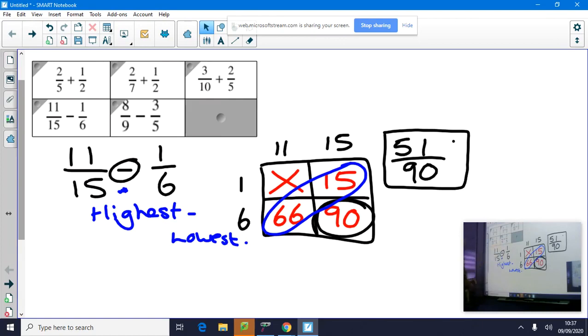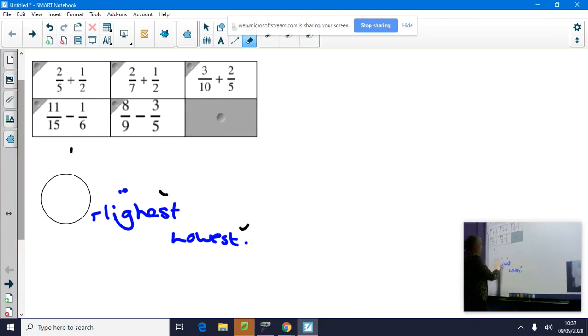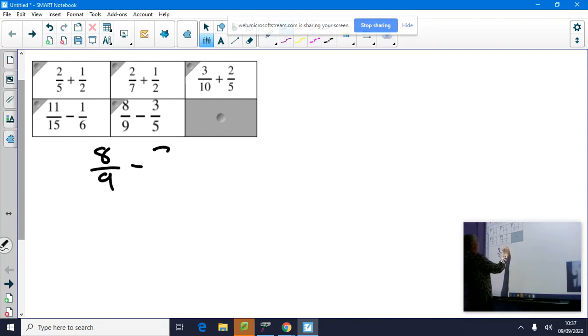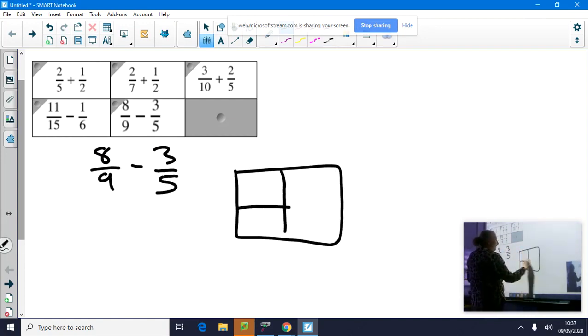Let's do this one. 8/9 minus 3/5. Box 4 within it. Don't need to go neat here, as long as I keep them together.